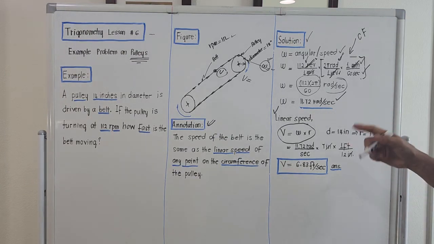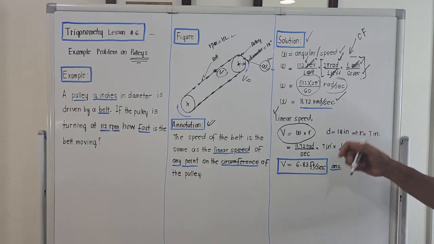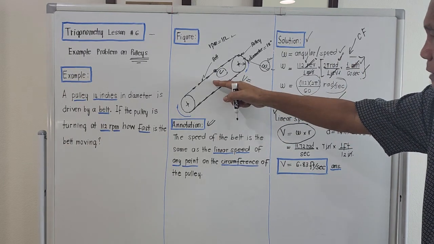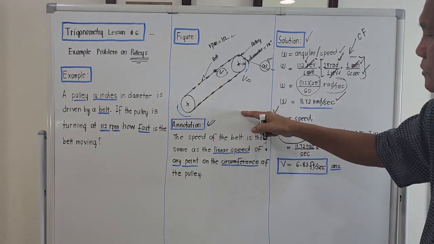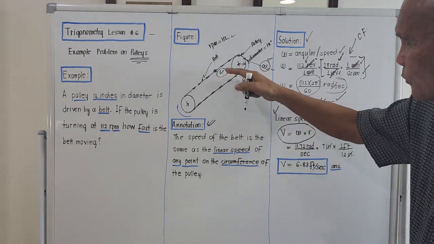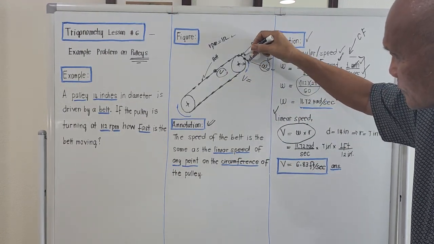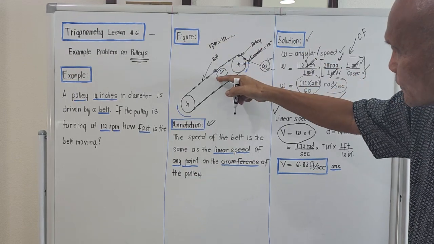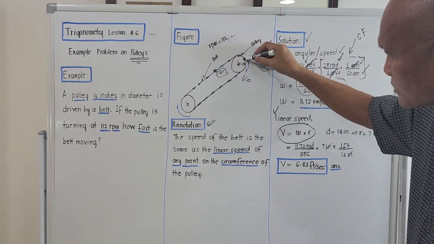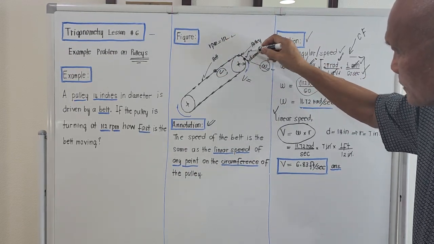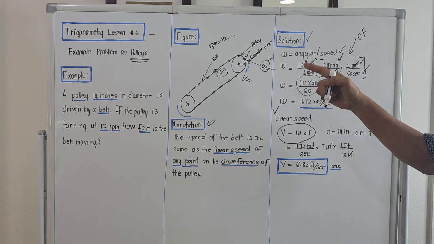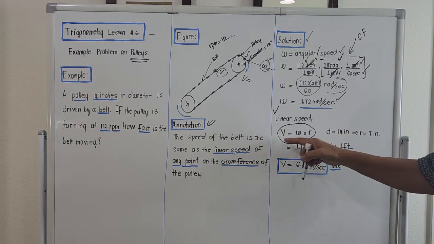So if the problem is asking for the linear speed of the pulley, as per annotation, the linear speed of the pulley will be the linear speed of any point as it passes through the pulley. The linear speed of the belt will be equal to the linear speed of any point as it reaches the pulley. So by using that concept, linear speed is omega times r.